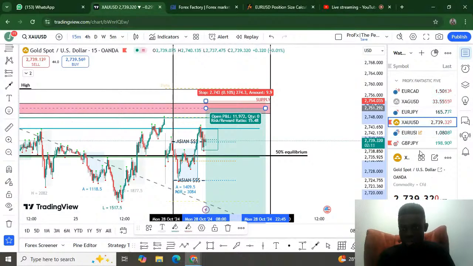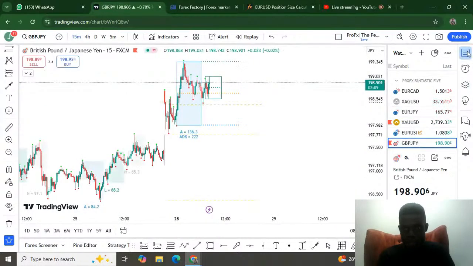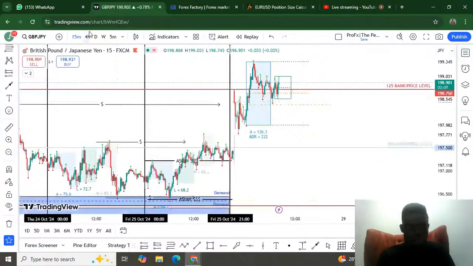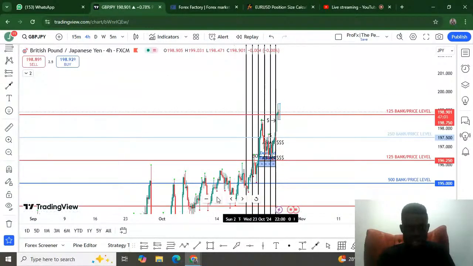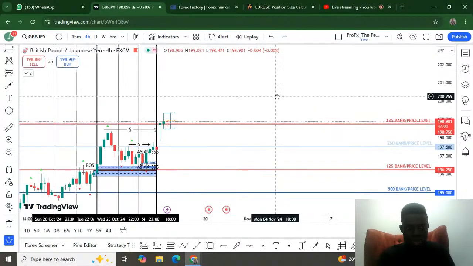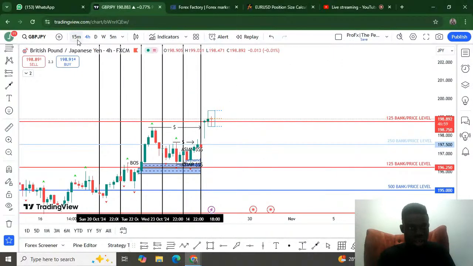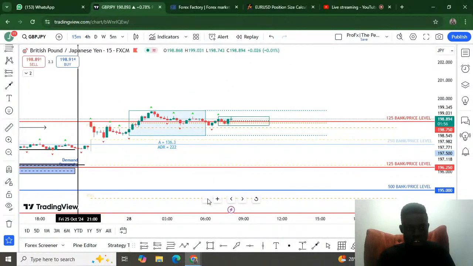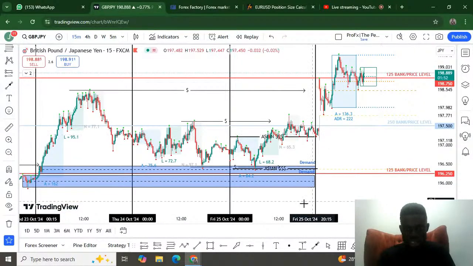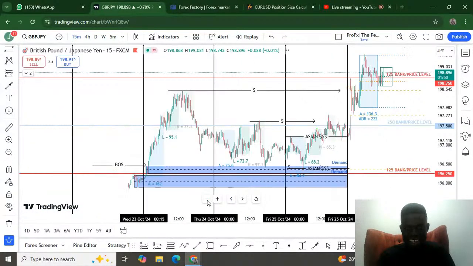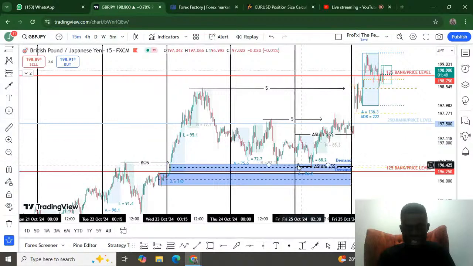Let's look at GJ. I'm still holding GJ. My DJ take profit will have been hit. I was holding DJ since last week. Can you see this? I was holding DJ from this.